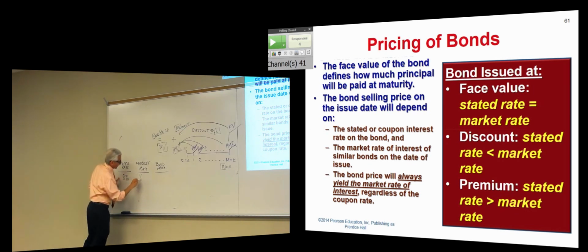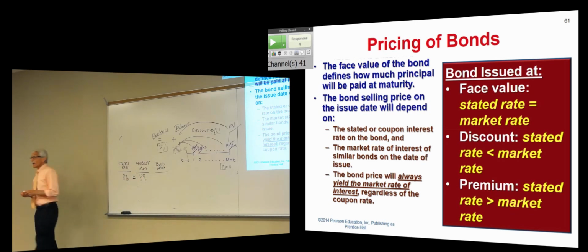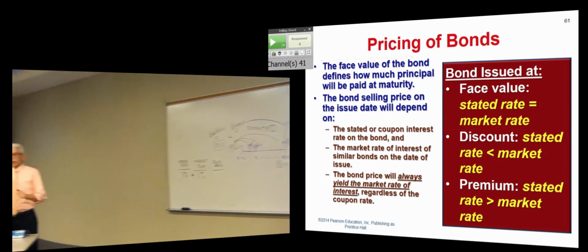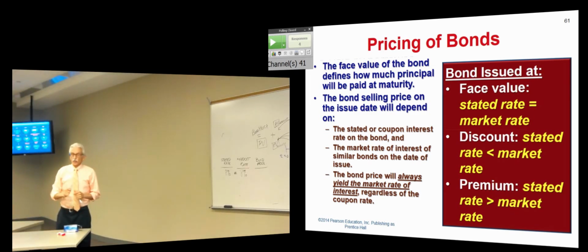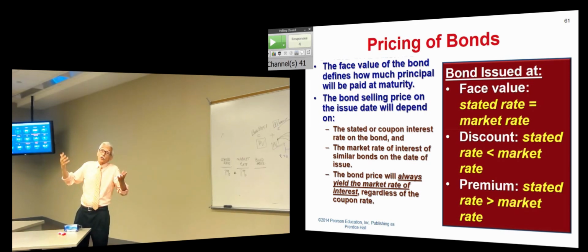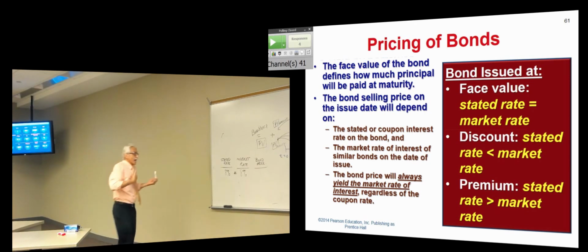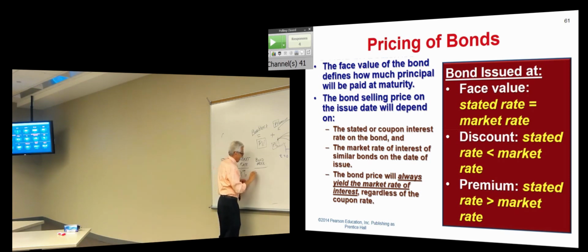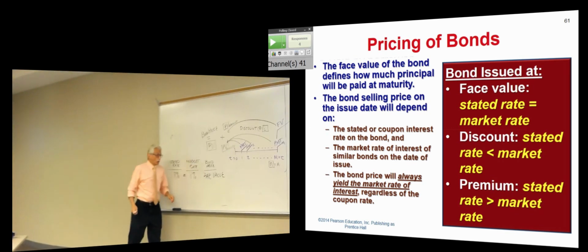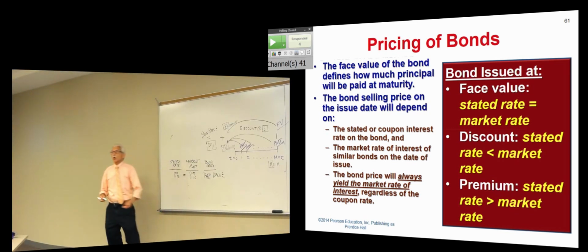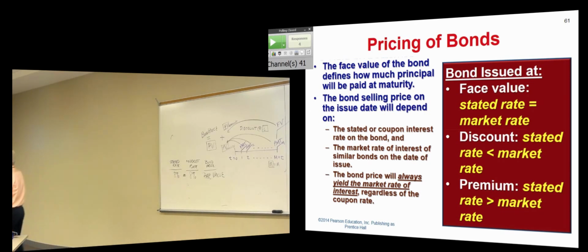You go in the market at a date when the rate of interest anywhere else is the same, so I walk in here and I'm the first person in and I tell you I got 8% bonds. Next person comes in, I got 8% bonds. Everybody's got 8% bonds, so there's an equilibrium. You're going to pay par value. My product is no better than any others, no worse, so you'll pay par value.